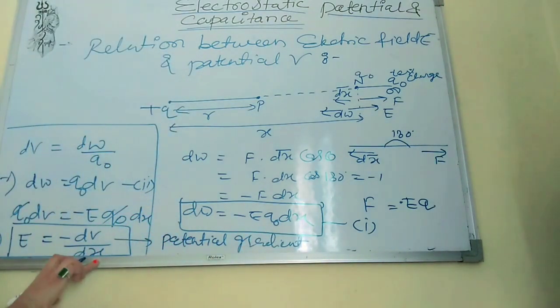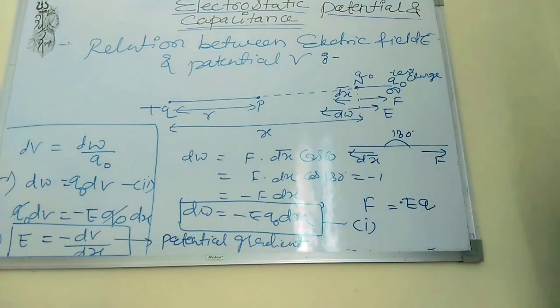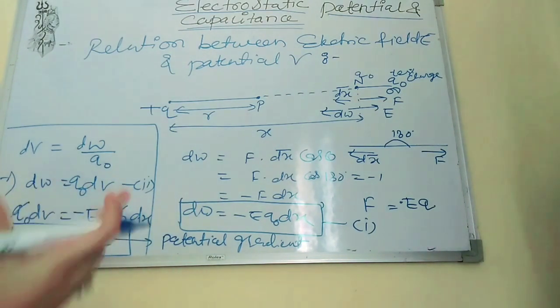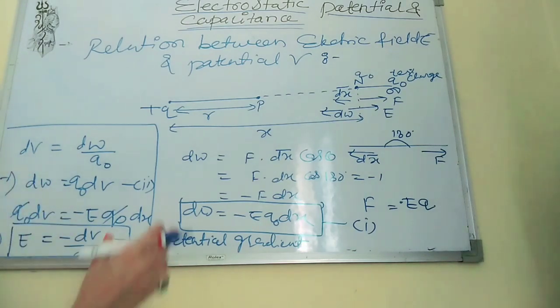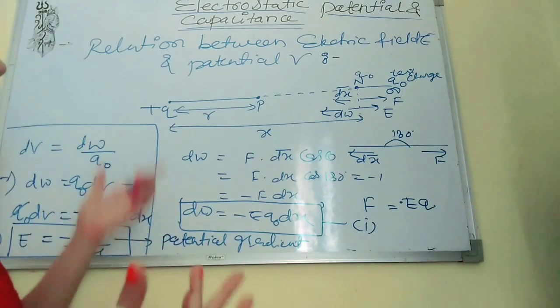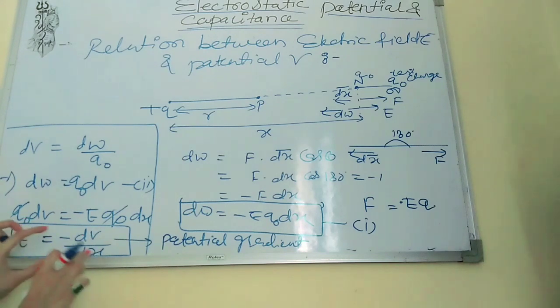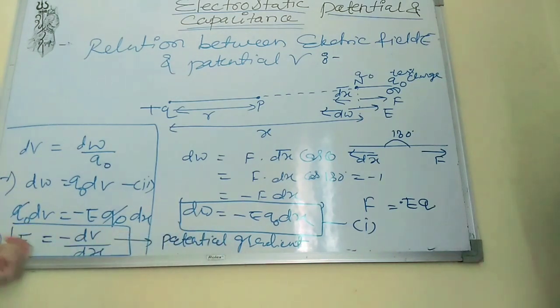Sometimes they ask in the exam, find the relation between electric field and potential, or they will ask the relation between electric field and potential gradient. So both are the same. And sometimes they just give you the equation E equal to minus dV by dx, and they will ask you to prove this derivation.